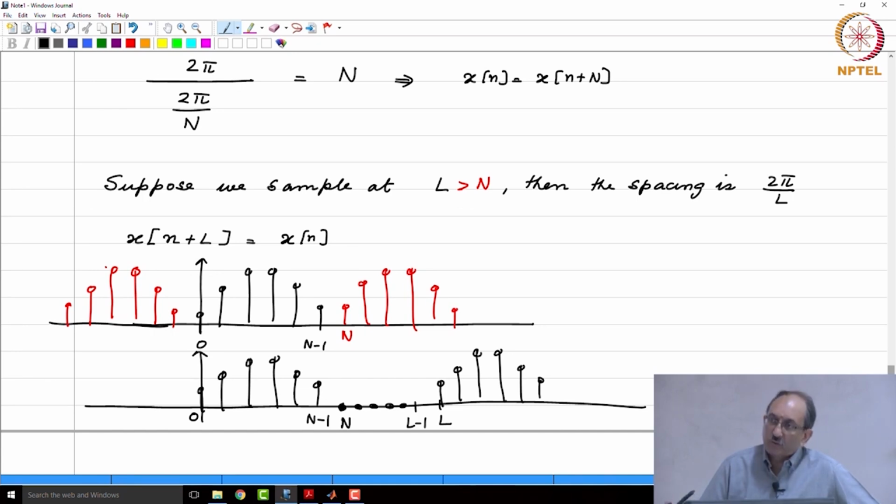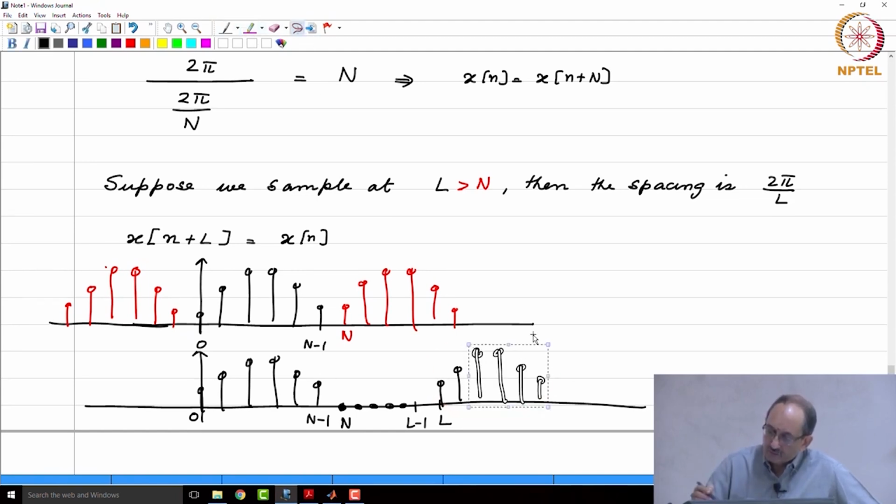Now what you are going to do is you are taking the same 0 to 2 pi interval and sampling it at cap L number of points. So the spacing is now 2 pi by cap L, which is finer than 2 pi by cap n, and hence in the time domain the repetition will occur with a periodicity of cap L. So which is what is being shown here, right?